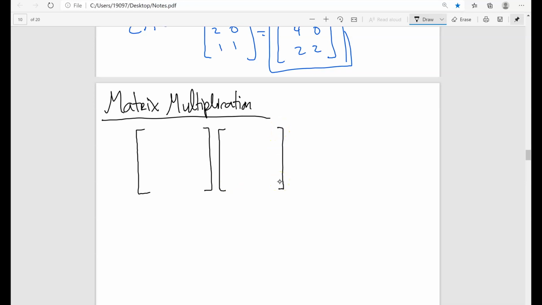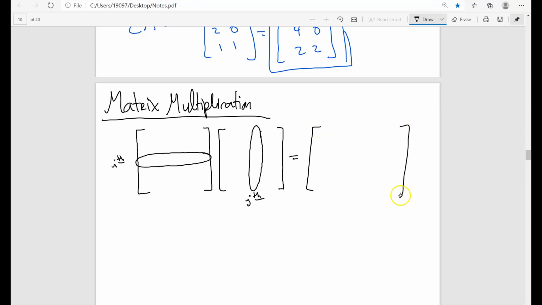The way that you're going to do it is you're going to take one of the rows, which is, let's just say this is the ith row, and multiply it by one of the columns. Let's just call that the jth column. Okay, and the output is going to be, so basically you're taking the multiplication of these two things and you're going to add them up. So imagine that you're taking the dot product. And whatever you get is going to be that entry. So this entry right here, which you're going to call Cij, is the ith row, jth column entry. So that's what's going to happen.